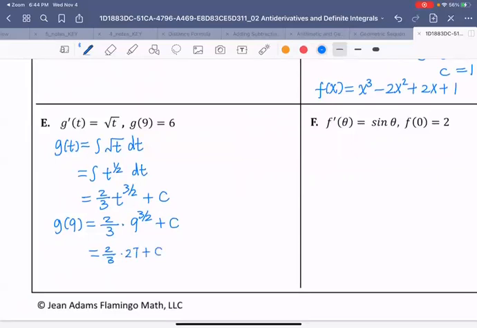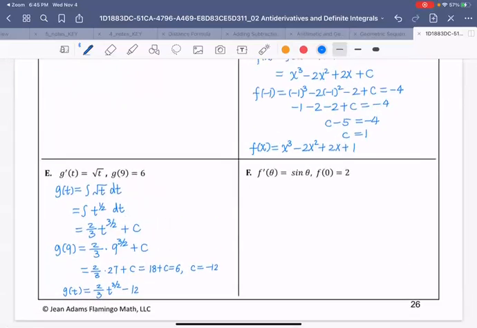That's nice. So this equals how much? 27/3 is 9. So that's 18 plus c equals 6. C is -12, right? Yes. So my specific solution is 2/3 t to the power 3/2 minus 12, all right? Okay, let's do the last one.